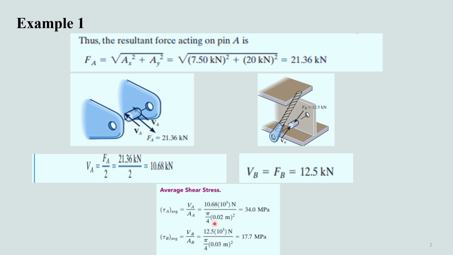The average shear stress can be calculated by simply dividing this shear force VA by the area of the pin. The area has been calculated by multiplying the square of the diameter by pi over 4, and similarly shear stress has been calculated at the location of pin B as well.